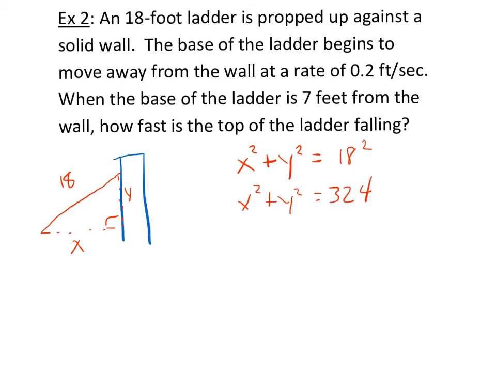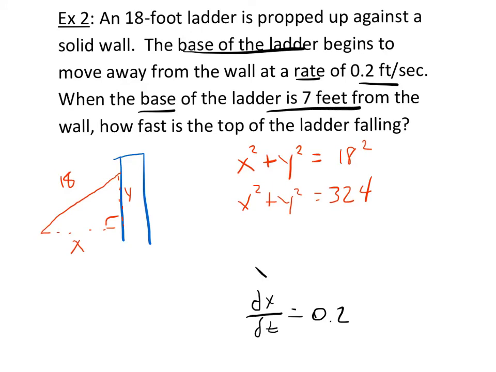Now let me form my inventory. The base of the ladder moves away from the wall at a rate of 0.2 feet per second. So that is dx/dt, and it is 0.2. Let's see, what else do we know? When the base of the ladder is 7 feet from the wall, so this is when x is equal to 7.